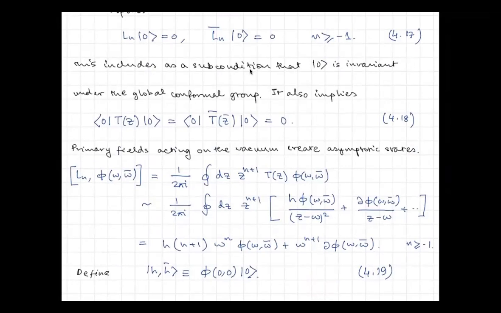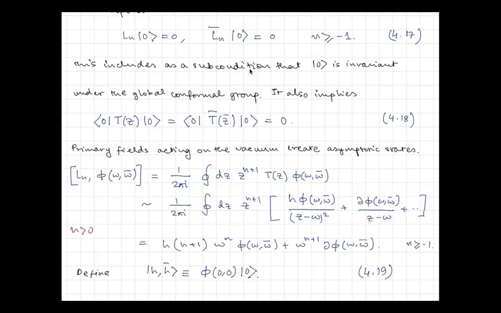And again, going back here, what you see, if n is greater than 0, then all of these terms have factors of omega. And when omega goes to 0, this just means that this whole thing will be equal to 0.